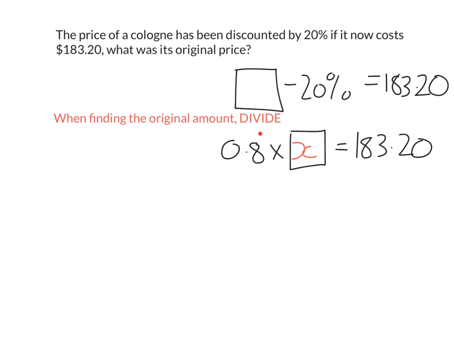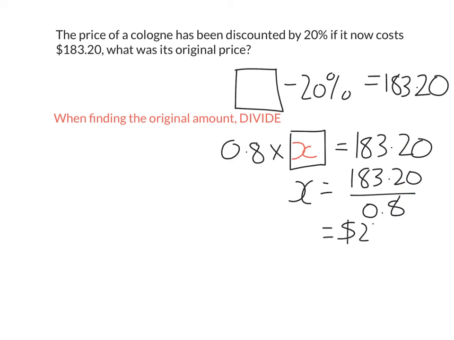To get x by itself, we just divide by 0.8. The way you undo timesing 0.8 is dividing by 0.8. So then I'm just left with x is equal to 183.20 divided by 0.8. I've divided each side of this equation by 0.8. So you can just put this straight on your calculator. It's tricky to do in your head. You get the answer 229. So that was the original amount.